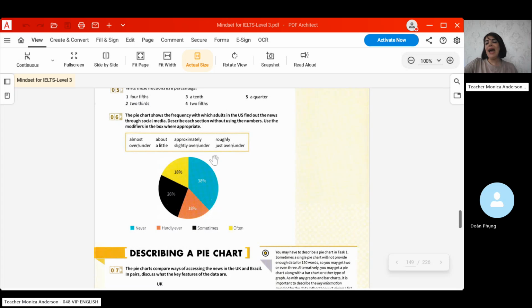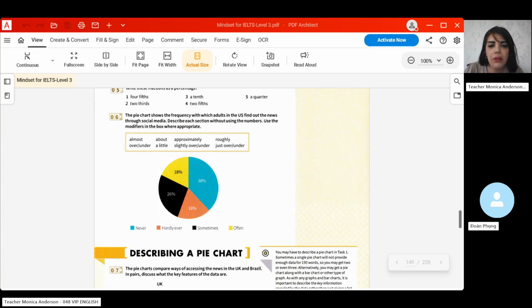It's really close to a fifth, but it's just under. It's just 2%, so just under a fifth often access news on, for example, social media. So just under.